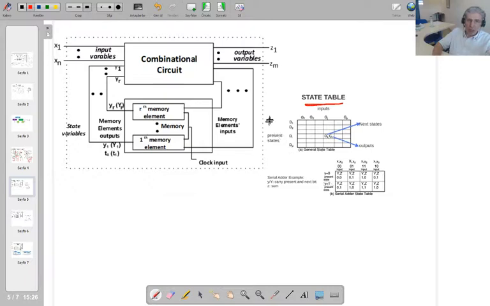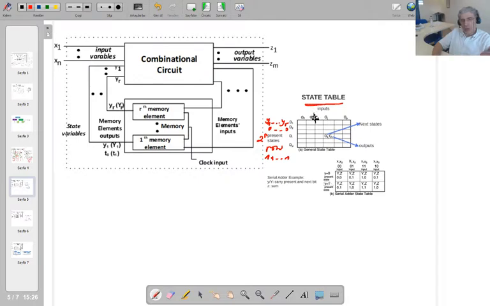So we've got y1 to yr, the number of independent state variables. The permutations of zeros and ones are going to give 2 to the power r rows, isn't it? Starting from 0, 0 up to 1, 1, 1.